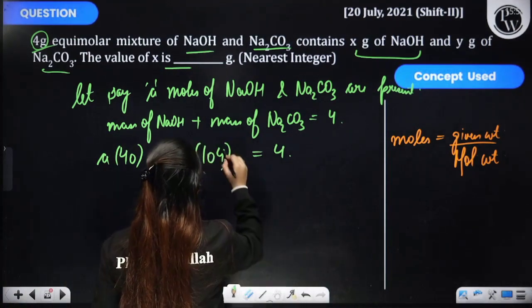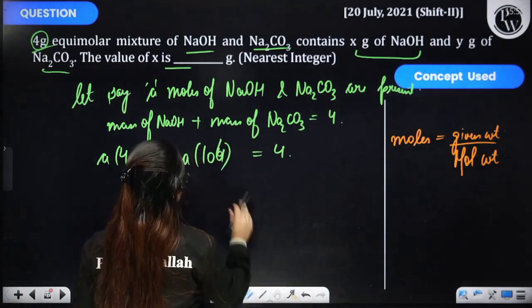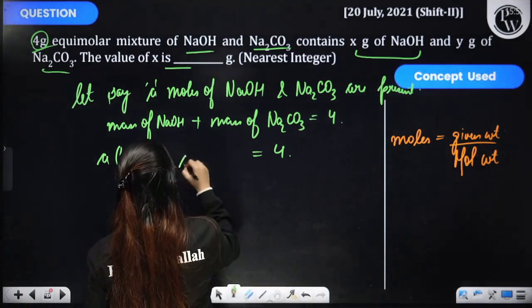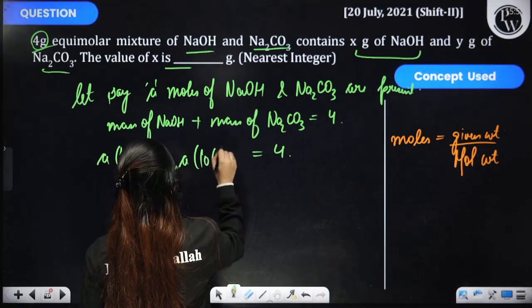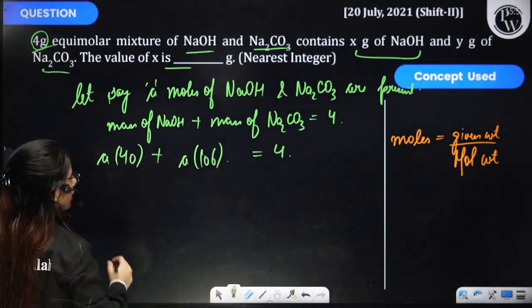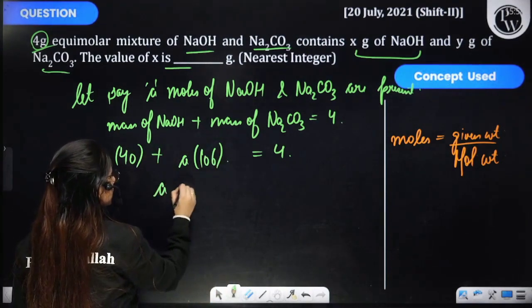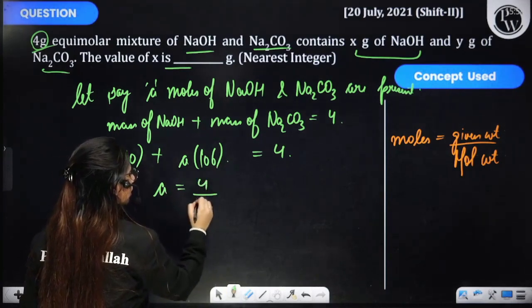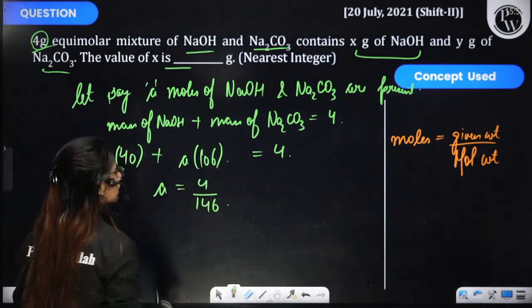It is actually 106. And then the value of A, that means moles, will be 4 upon 146, right?